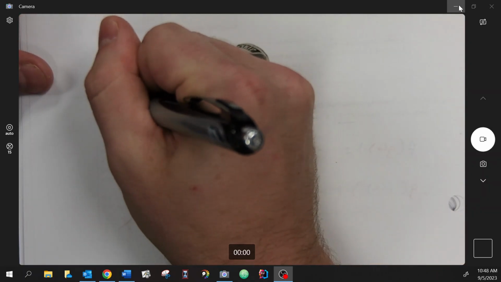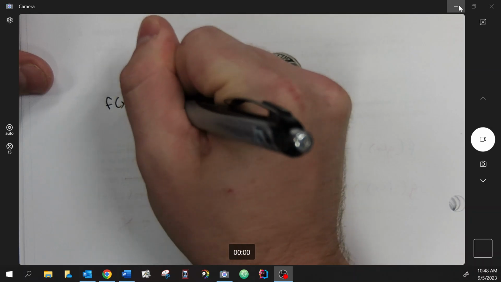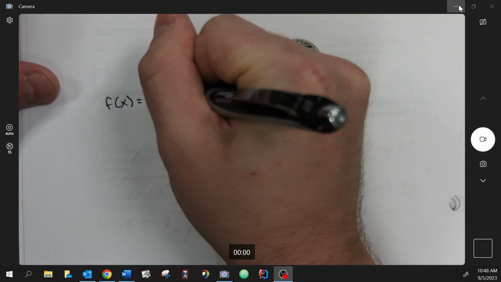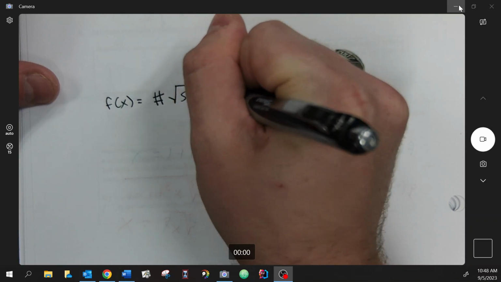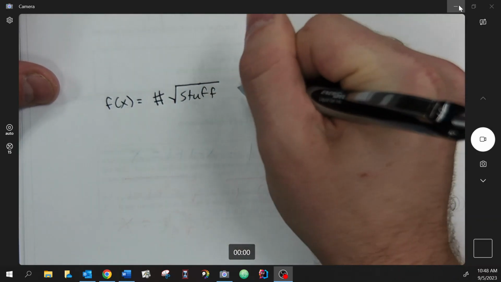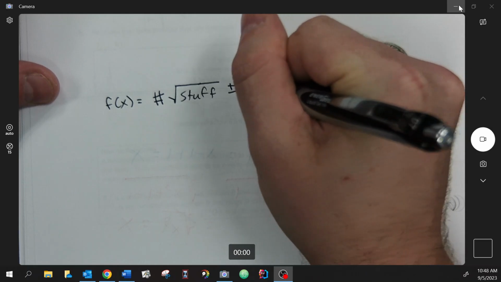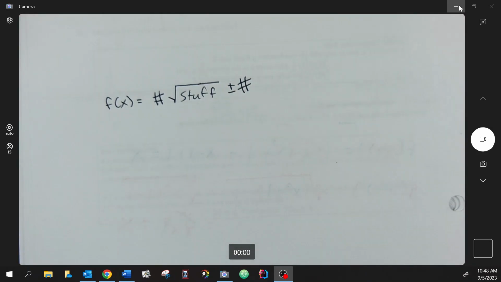Because of transformations, which we will review after we do the next test, but it's because of transformations. So there's the general form of all square root equations. And that number on the front, it could be positive or it could be negative.